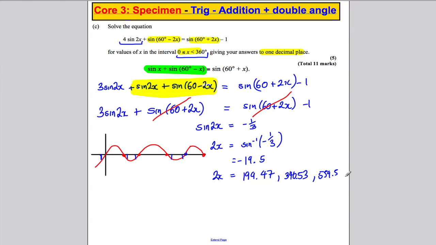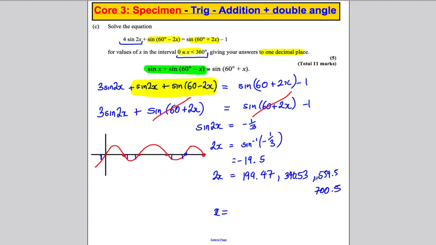Sorry, this last one was 720, subtract 19.5, it was actually 700.5.